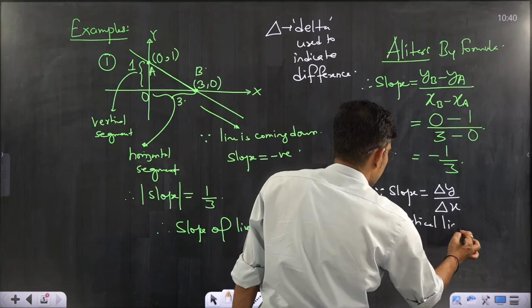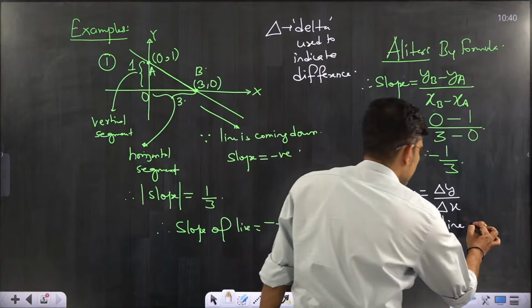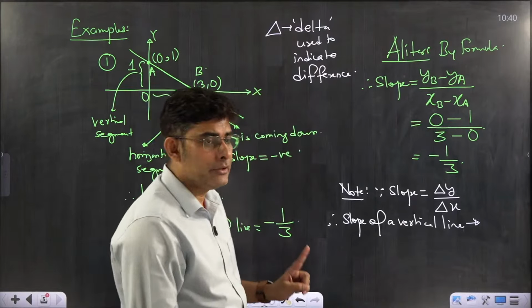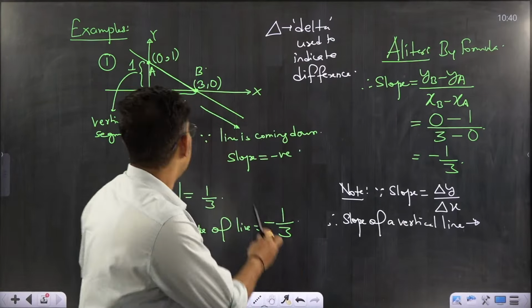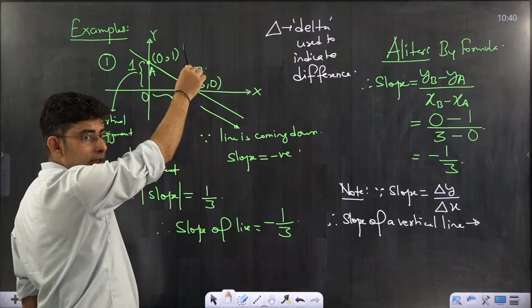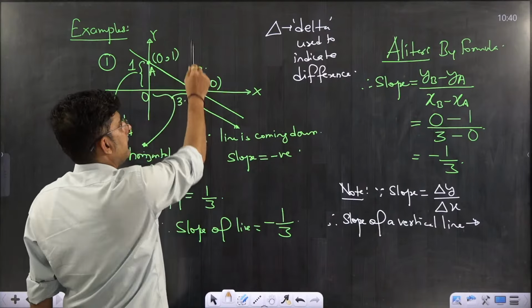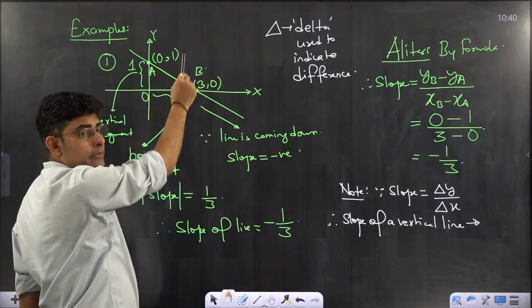what will you write as the slope of a vertical line? If the line is vertical, please reply fast. We will be ending the class soon. If a line is vertical, so if you move along this line, which coordinate is changing and which one is not changing?